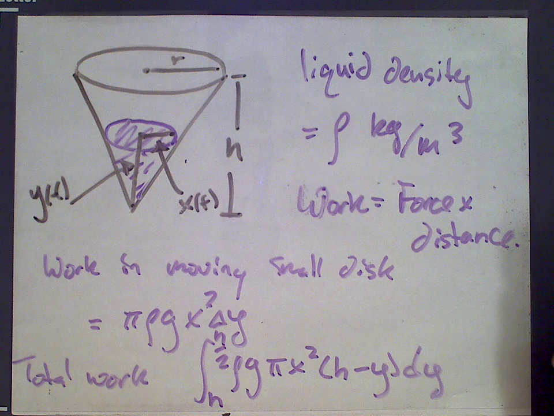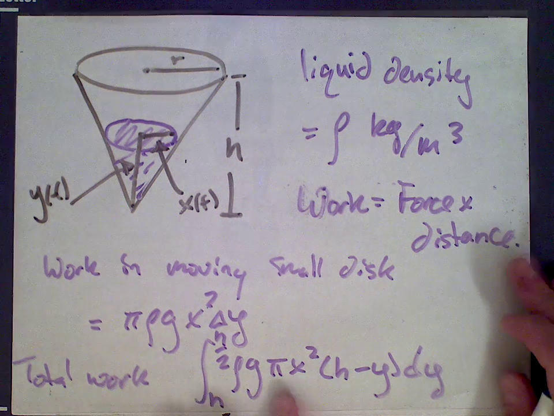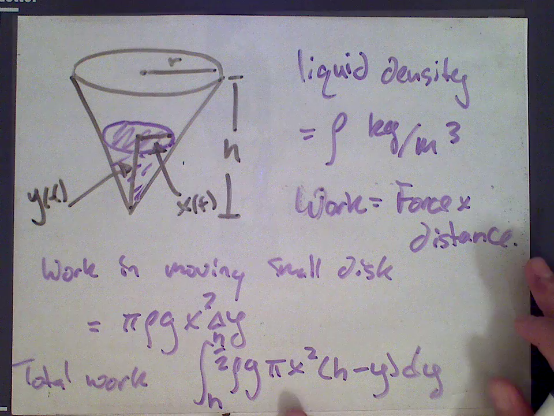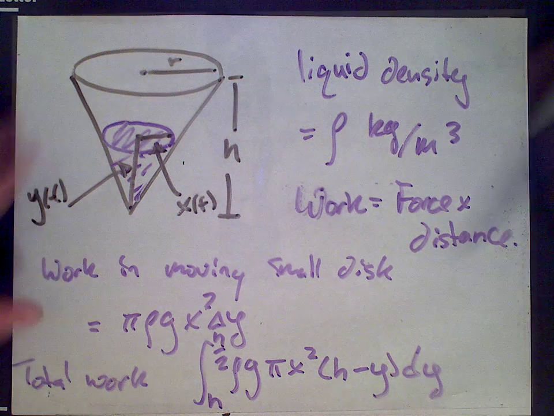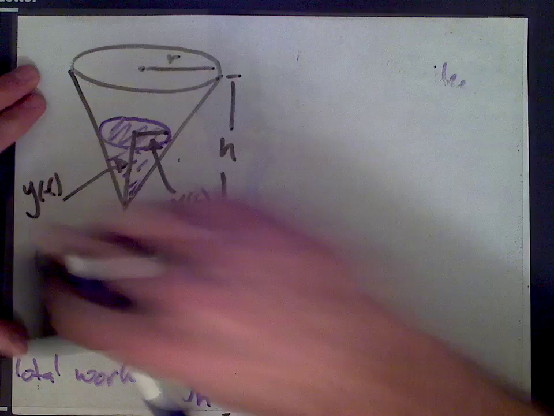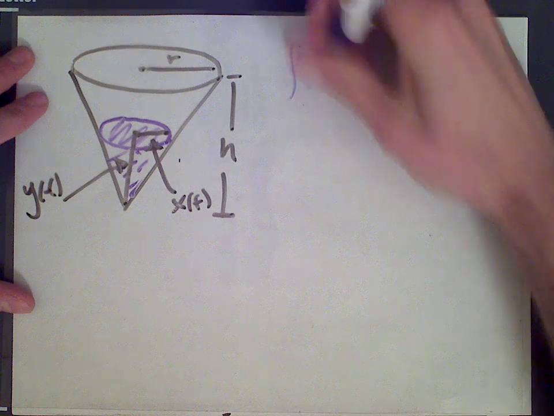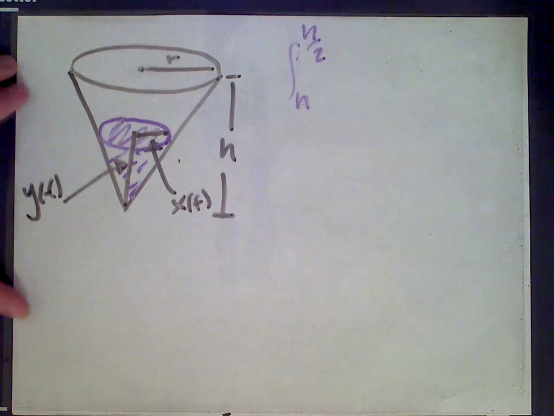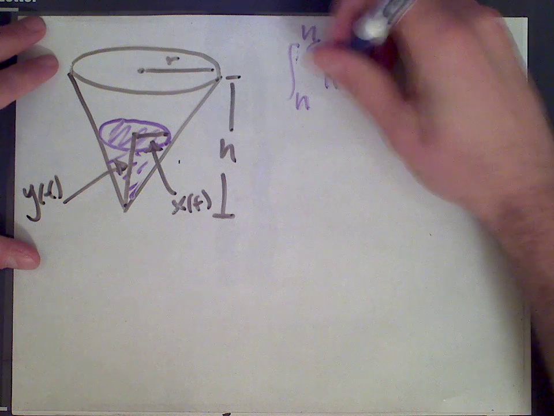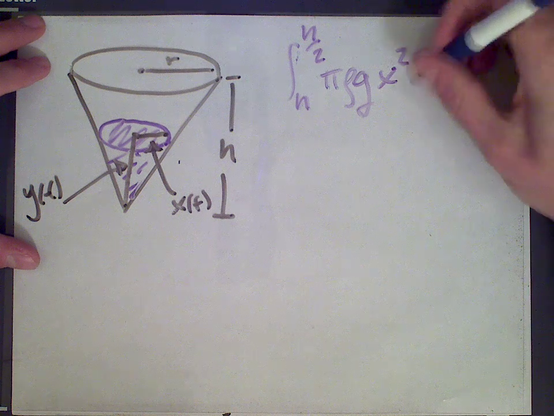Now, y is not the only thing changing with time, so is x. Right now we have a function of two variables under the integral sign. We want to make it a function of one variable. Let me erase this and write up our integral: the integral from h to h over 2 of pi times rho times g times x squared dy.